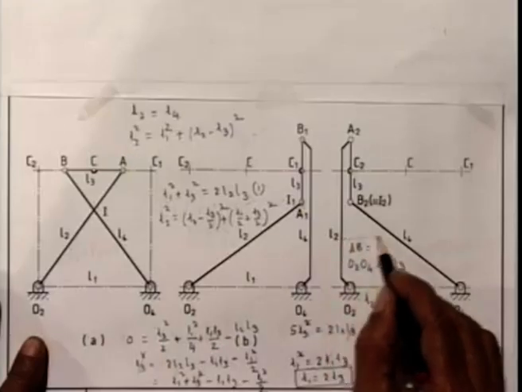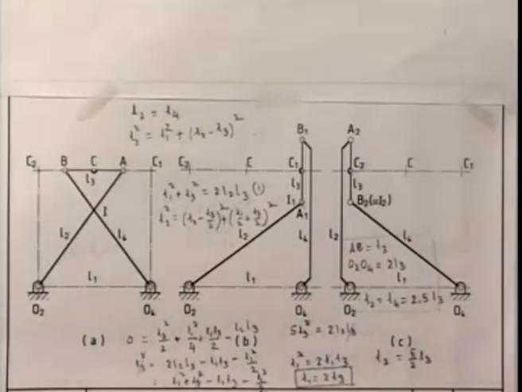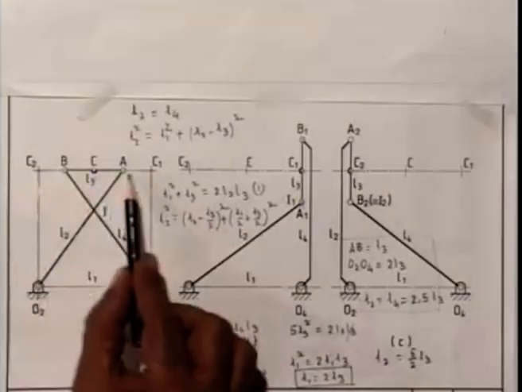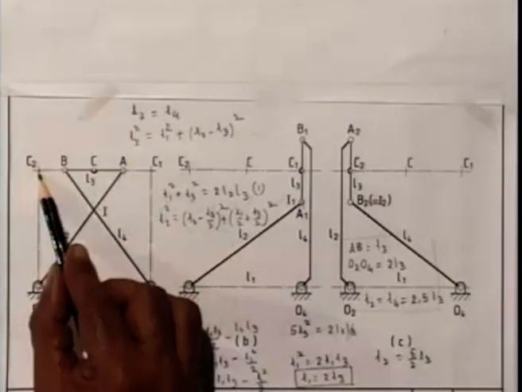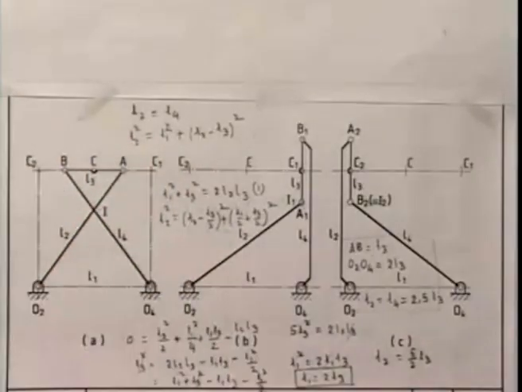So these are the three ratios that I showed you earlier. So this is the Chebyshev's approximate straight line mechanism, which generates a very good straight line path in this range C1 to C2, then it goes high above and makes a D-shaped curve.